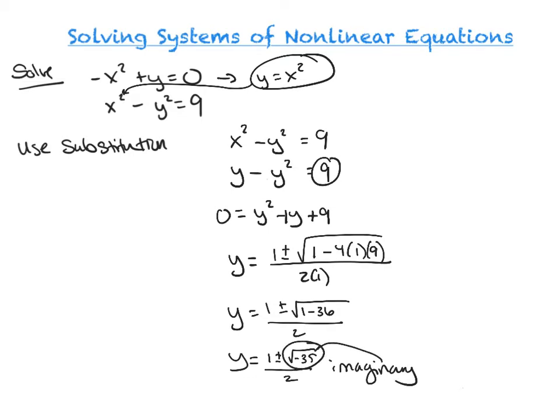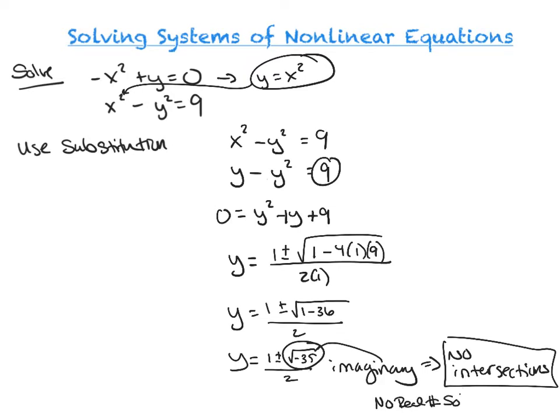That's perfectly okay to have imaginary answers to things in math, but remember, these are all finding intersection points, so we have no intersection points. So depending on how your textbook writes it, technically no solution isn't correct, but no real number solution will be perfectly fine.